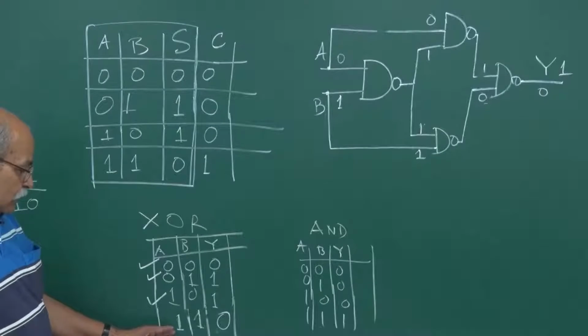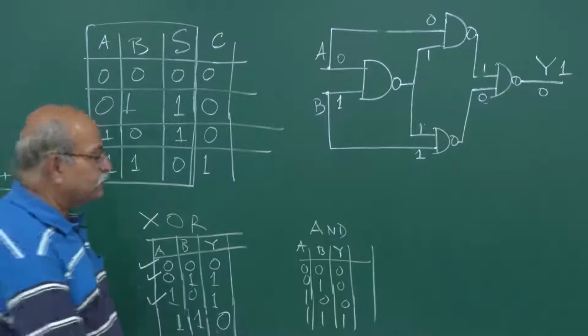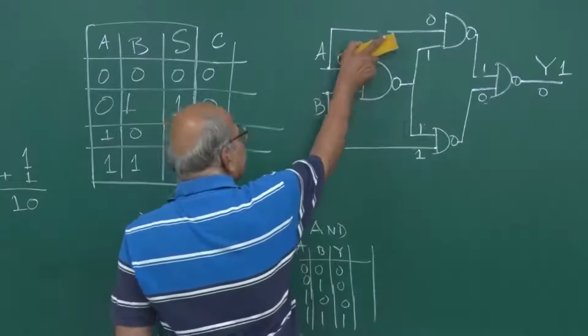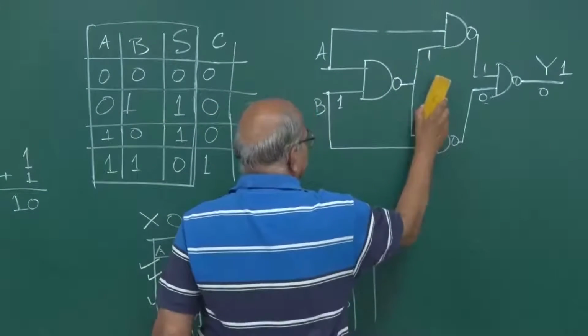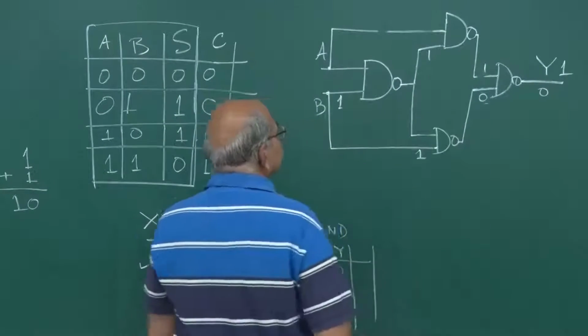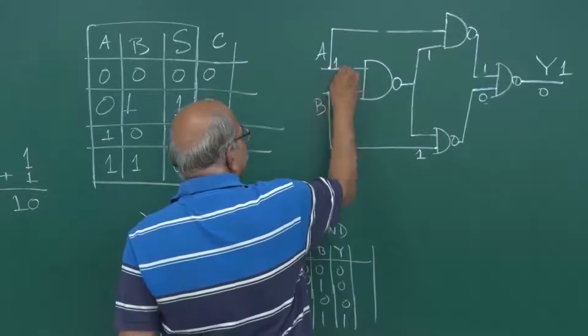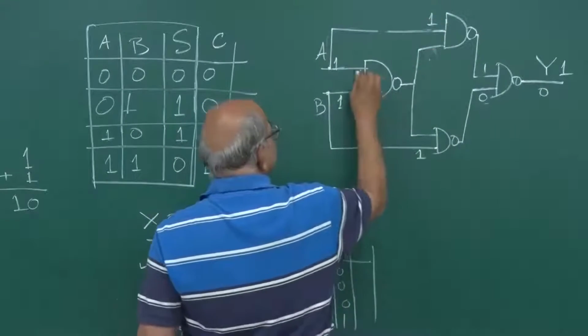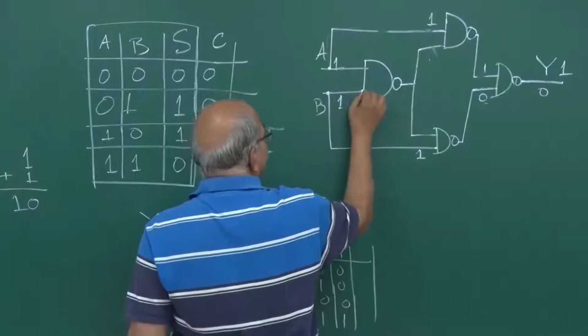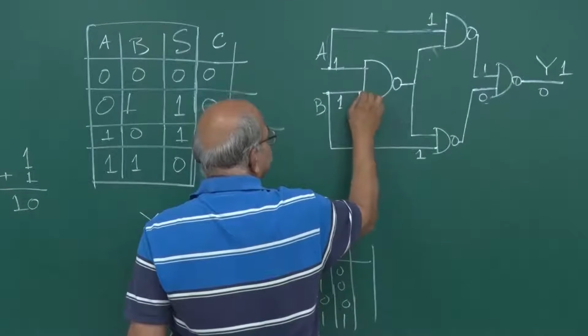Last one, 1 and 1. A is 1 and B is 1. So, both A and B are 1. This is also 1. So, this 1 reaches here. And what happens this side? 1 and 1 will be 1.